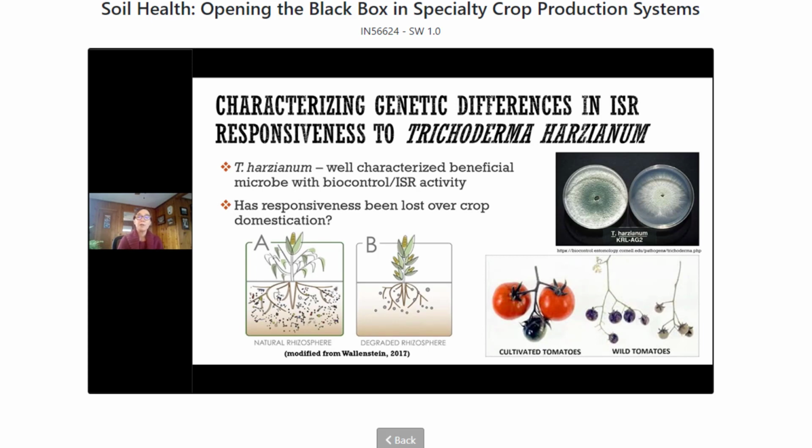You see on the right, it's growing in those petri dishes, producing that kind of green compound. It's very well known for its potential in biocontrol activity, and we wanted to know both how carrot genotypes respond to that, but also how has that changed over the course of domestication.